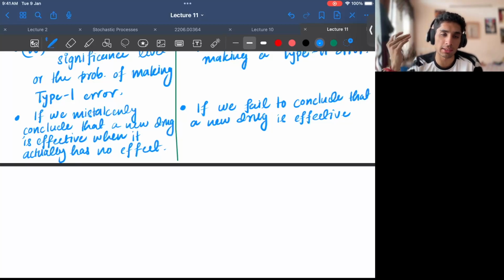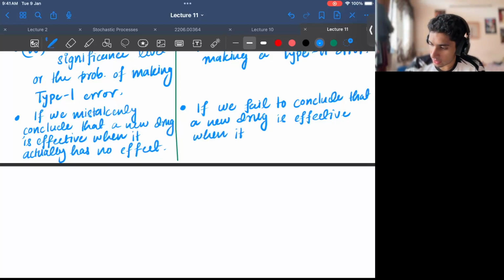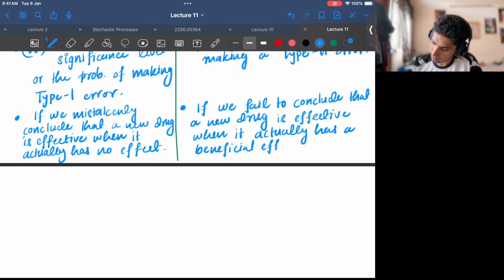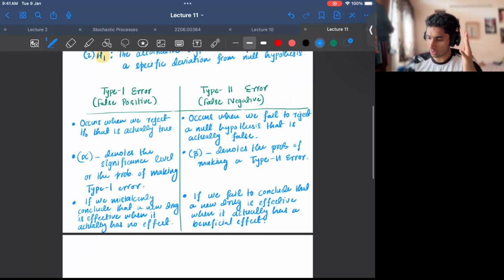That is what our default assumption is. So we fail to conclude that it's effective. That means that we are accepting that it's not effective when it actually has a beneficial effect. I hope this example makes it very concrete, what is a type 1 error and what is a type 2 error.